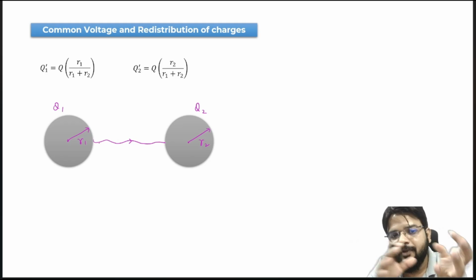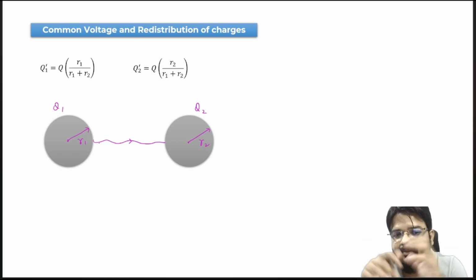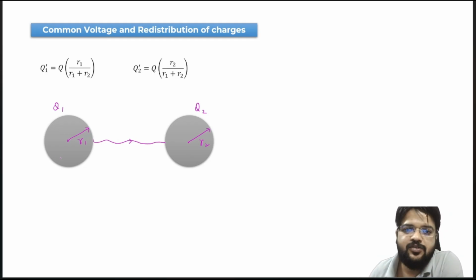So here charge is flowing from higher to lower. After some time what will happen? The potential of both the spheres becomes equal, correct? So the potential will become equal after some time, and that common voltage we want here. So let's see how we will get this common voltage.